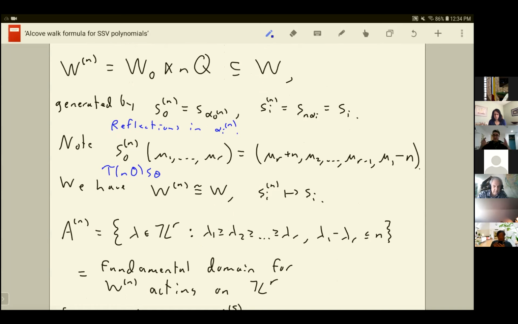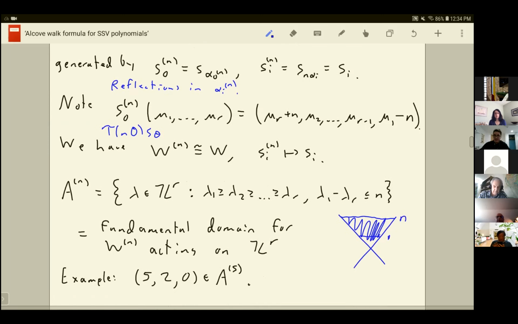If the wall was here, instead of this being 1, now we have n, so we have a larger fundamental alcove. The new fundamental alcove has a tiling by old alcoves, which fit inside of it.